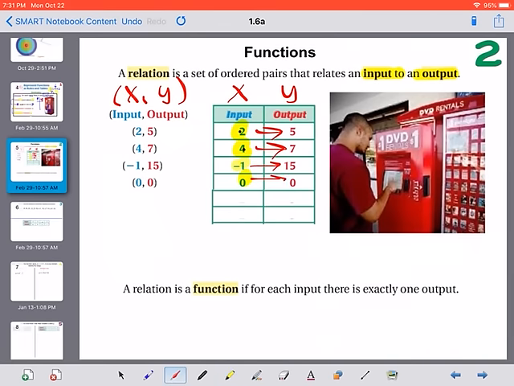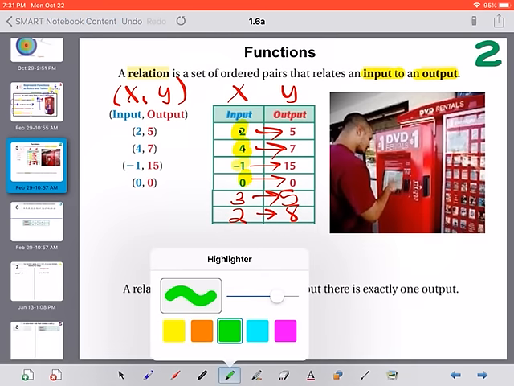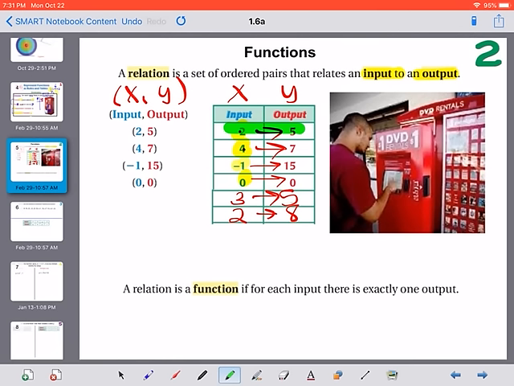Okay? If I were to add some more terms or more inputs to this, let's say I put in a 3 and I get out a 5. There aren't any other 3's on here, so that could work. However, if I put in a 2 and I get out an 8, well, that's not going to work because if I push a 2 here and get out 5 and push a 2 and get out 8, that's like your pop machine or your Redbox, your DVD player.